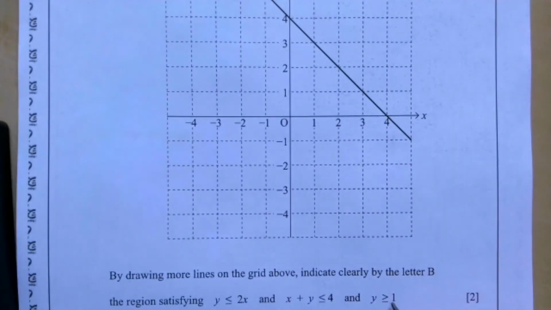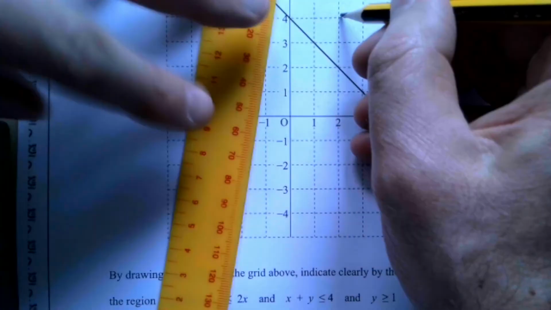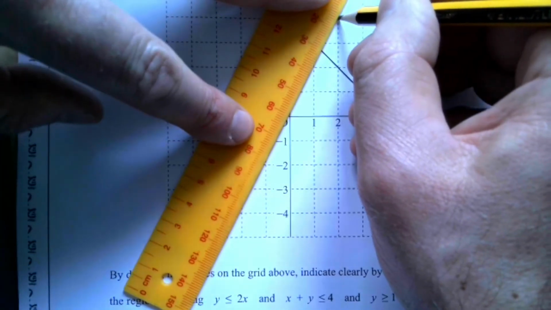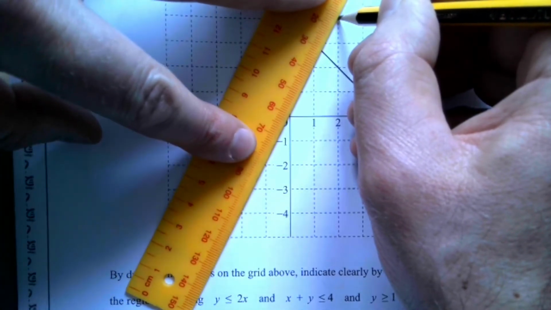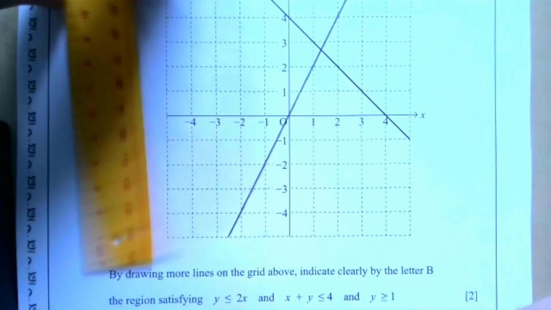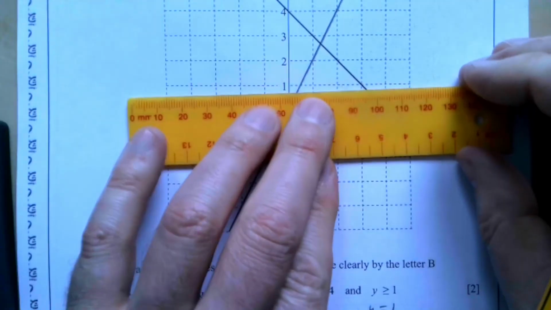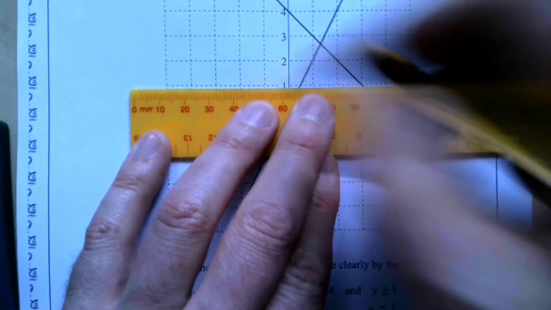And then y is greater than or equal to 1. So we want to plot y equals 2x. The y-intercept is 0, and it's the line y equals 2x, or you could pick some points on the line and that would work as well. So that's that line. The other one is y equals 1, and that's going to be the one where the y coordinates are all 1.